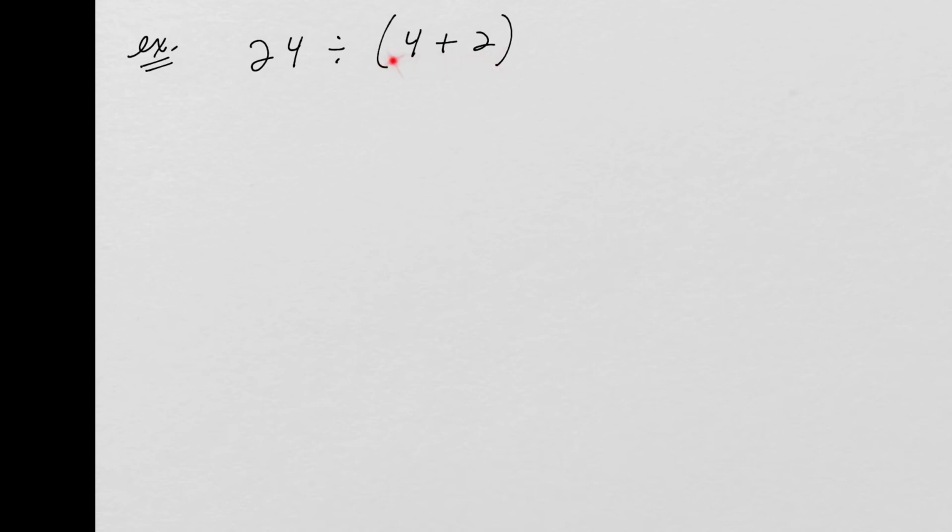Within the parentheses, I just have a single operation, this addition. So I can do that addition. I'm going to write everything else down again. So 24, and once I do that addition, I can remove the parentheses. 4 plus 2 is just 6. And then finally, I have just a division left. 24 divided by 6 is going to be 4. And that's my answer. So that expression is simply equal to 4 when you simplify it.